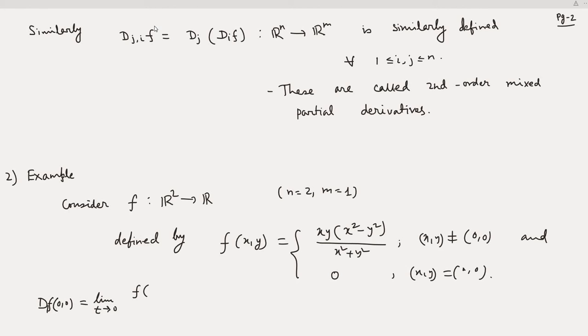So 0 plus t e1 means t comma 0, minus f of 0 comma 0, that is equal to 0, over t.